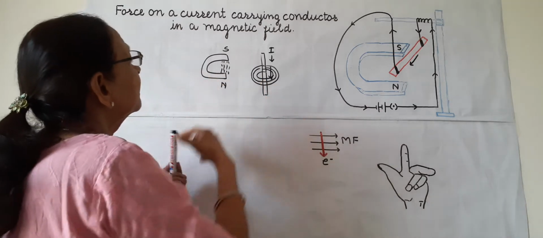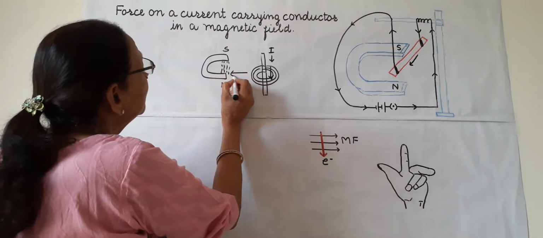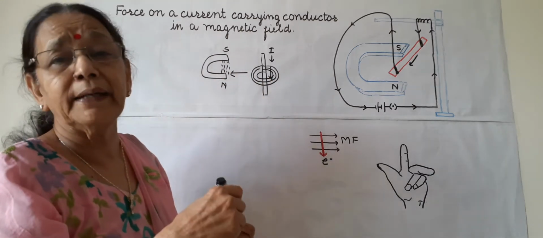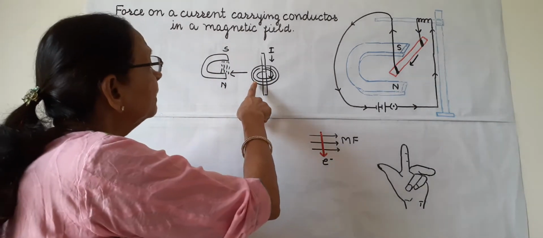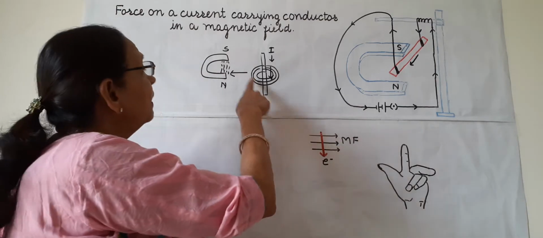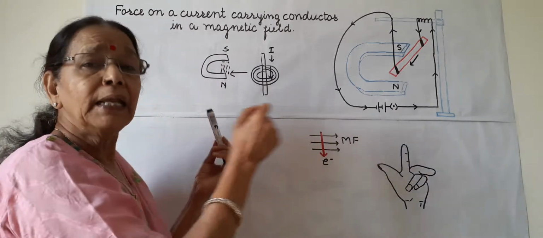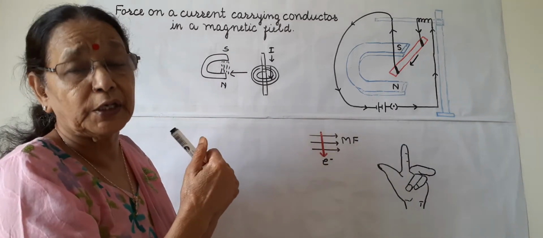Suppose this conductor is put inside this magnet or near this magnet. What will happen? The magnetic field of this conductor and the magnetic field of this magnet will interact with each other.